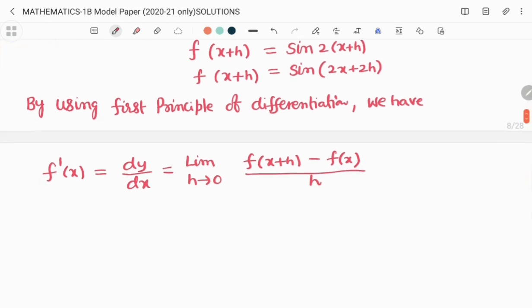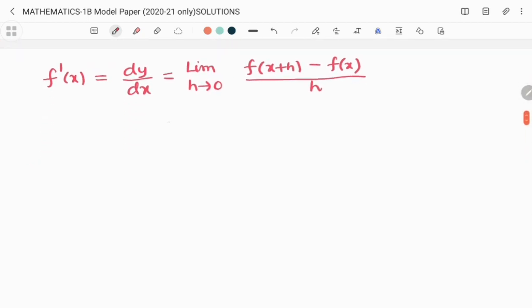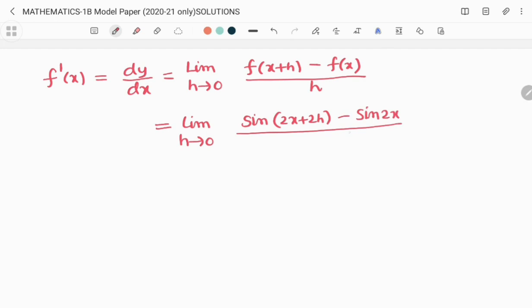So substitute the respective values in this formula. Limit h tends to 0, sine of 2x plus 2h minus sine 2x divided by h.